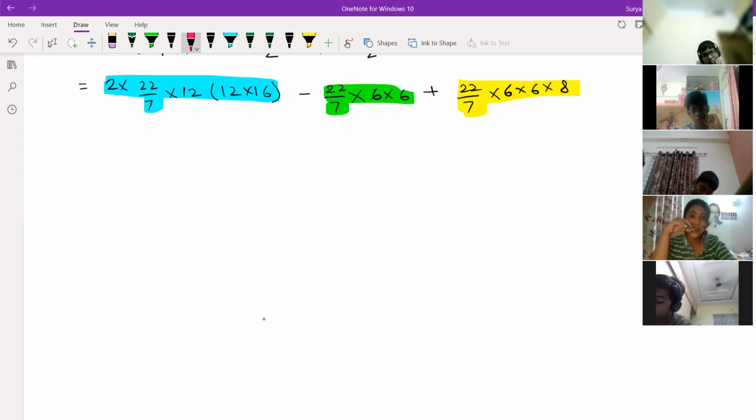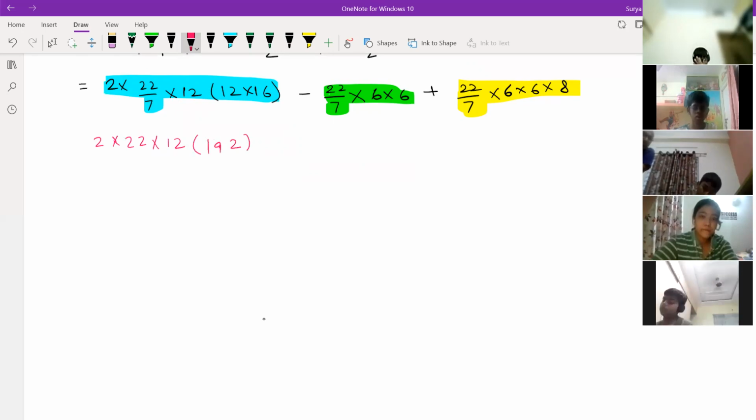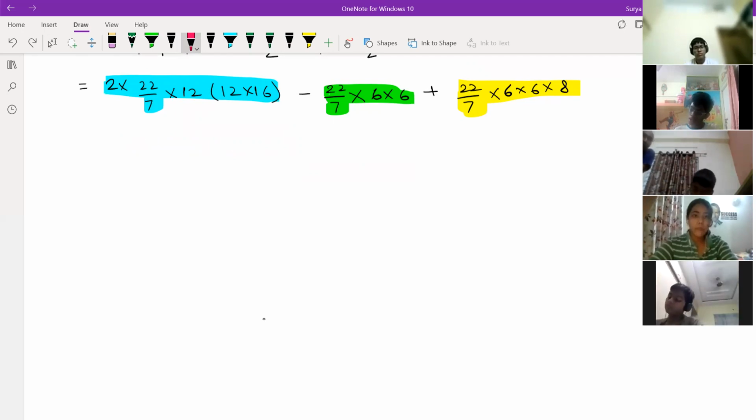So 2 into 22 into 12, 16. We can't cancel also, no? What we do, 22 by 7, we take it out only. That's better, I think. Then it is easier. 22 by 7, and if you want to take anything common, you can, children. Here is 36.